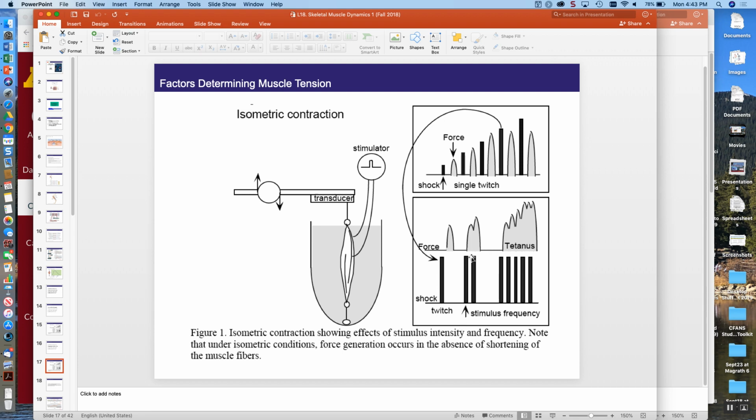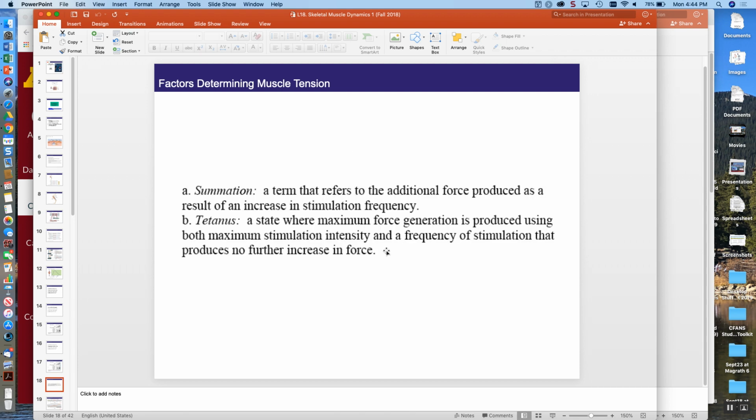So what you can achieve with skeletal muscle is you can get summation, and then finally tetanus. Summation and tetanus is achievable. So the question is, here's some formal definitions.